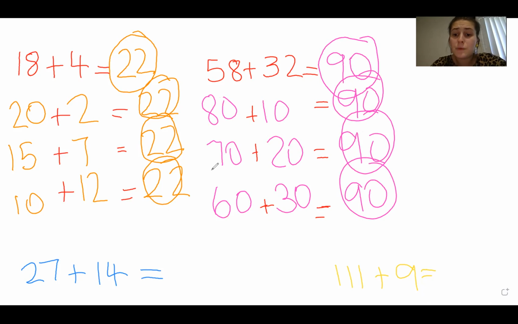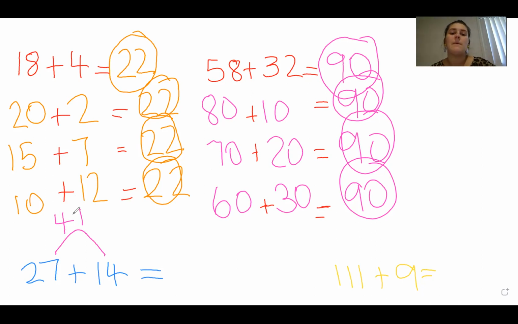Now, I've got 2 examples down here, which are like the example on the slides. It's not going to give you the answer directly. We're just going to come up with another number sentence. So I've got 27 plus 14. If I was to work that out, I would get my answer of 41.